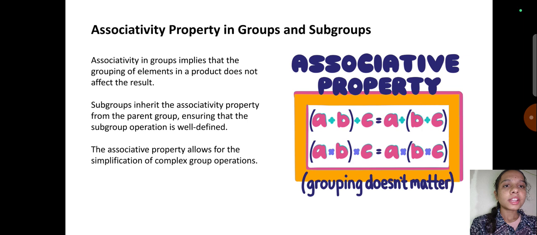The associative property allows for the simplification of complex group operations. Associative property, that is, (a + b) + c equals a + (b + c), and (a * b) * c equals a * (b * c). Grouping doesn't matter, and this is about associative properties in groups and subgroups.